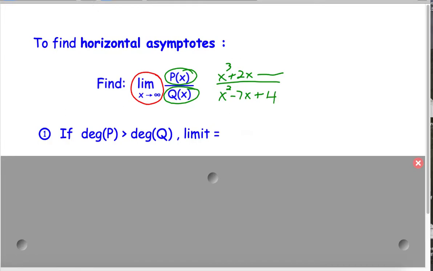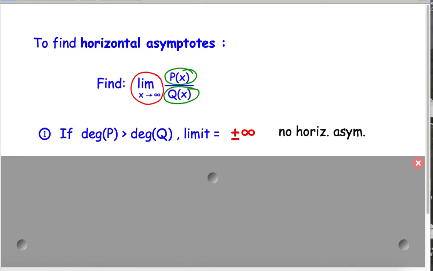That's an example where the degree in the numerator is greater than the degree in the denominator. When that happens, it turns out that this limit is going to equal positive or negative infinity, and so there's no horizontal asymptote.